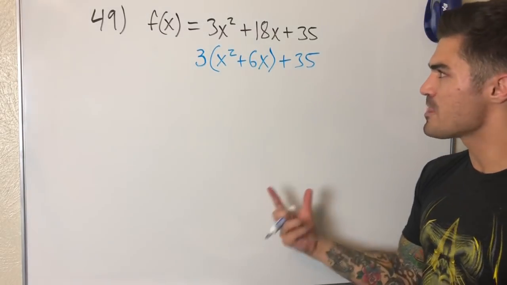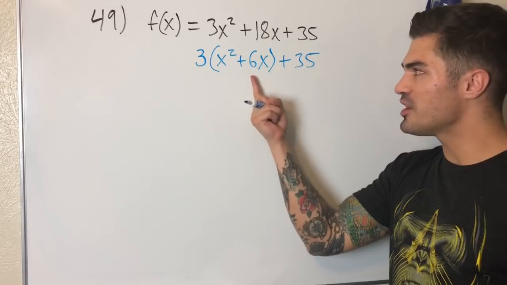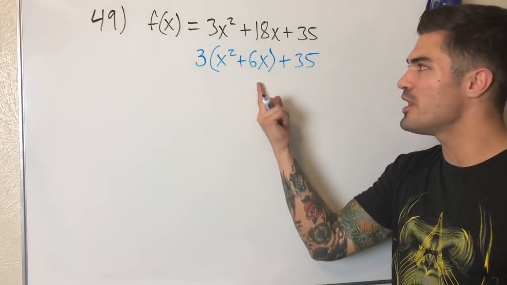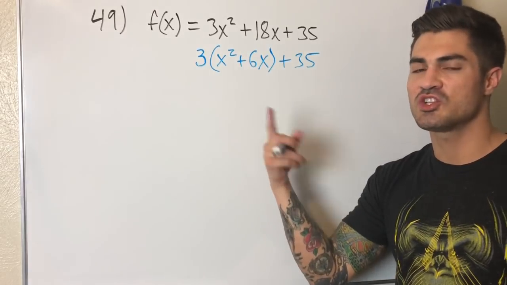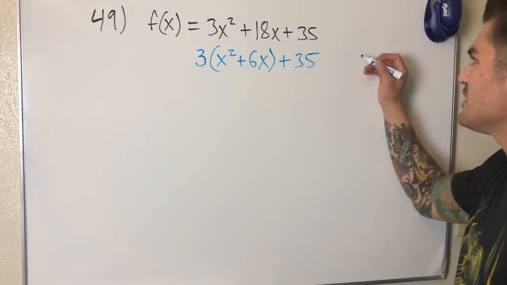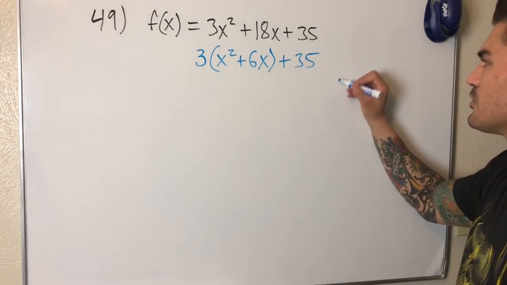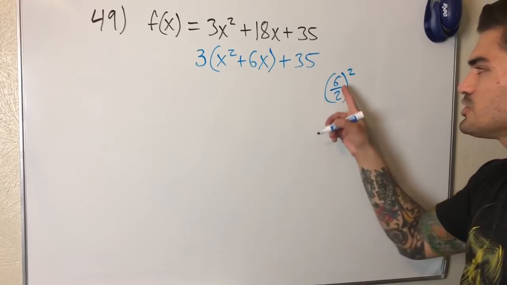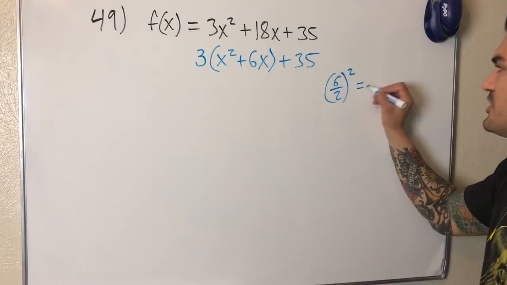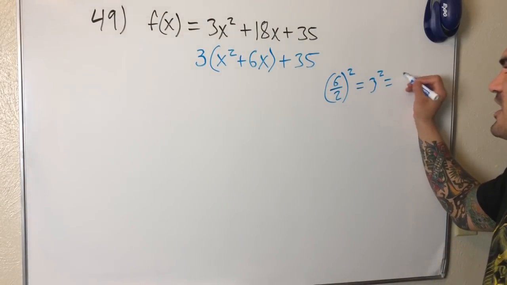So second step, I look at this, what we call the b term, right? Whatever's the coefficient of the x, and I take half of this and I square it, okay? So if I take 6 over 2, I'll do some side work over here. 6 over 2, and I square it. Well, 6 over 2 is just 3. So this is 3 squared, which is 9.